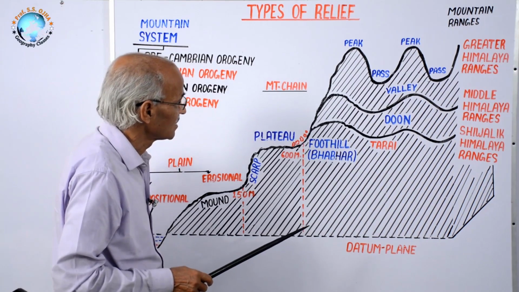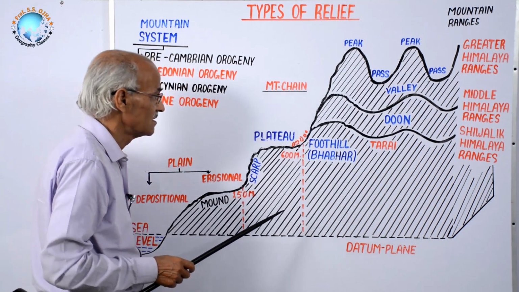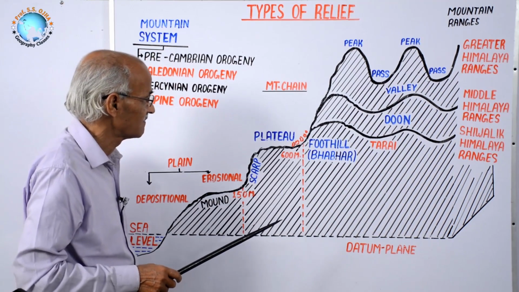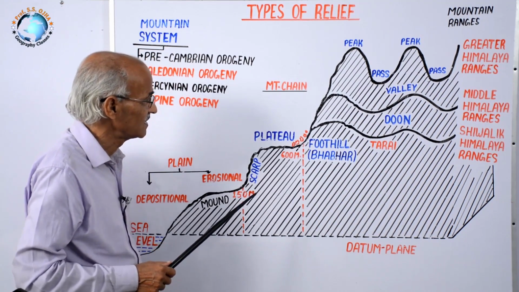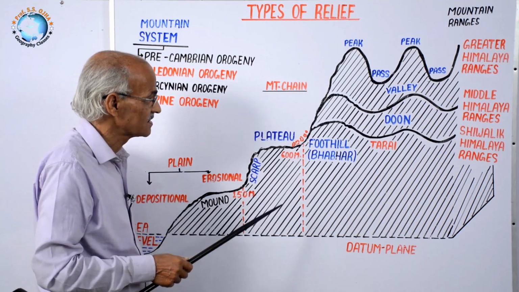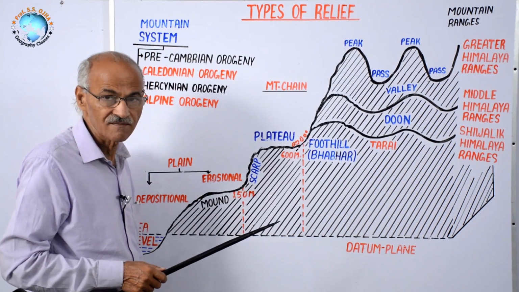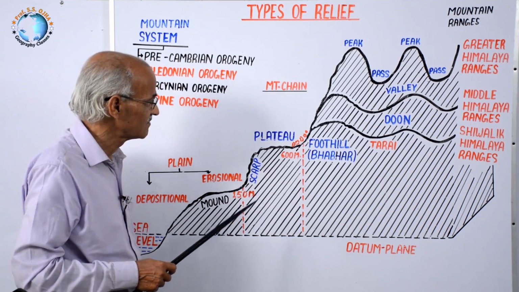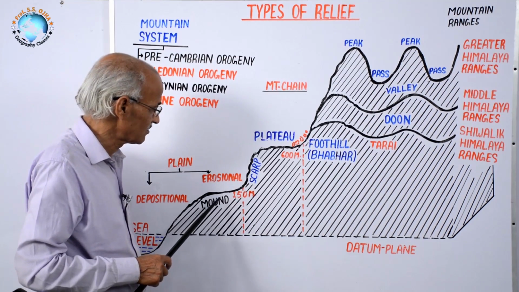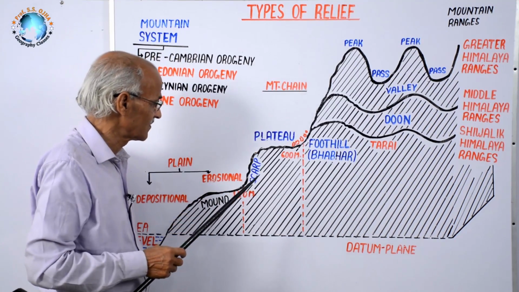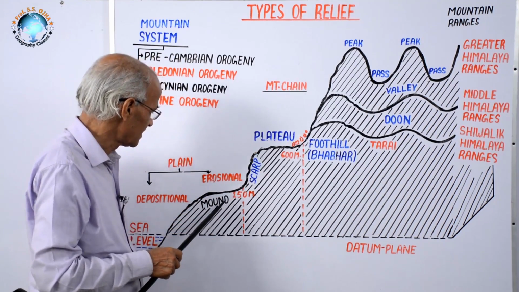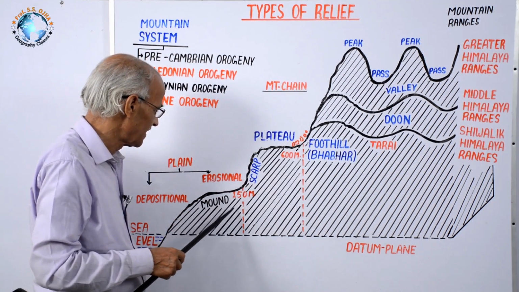Now, one thing that you are expected to answer is that the composition, or the rock or structure, of these differs. What is the difference between the structure or geology of these three relief features or topographies? It is clear that here this is plain.